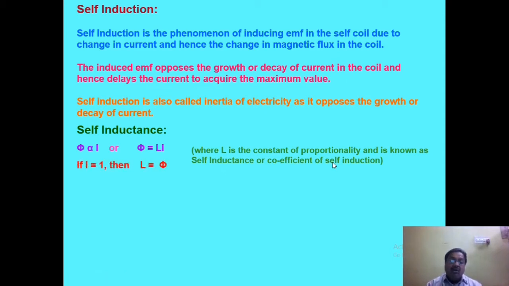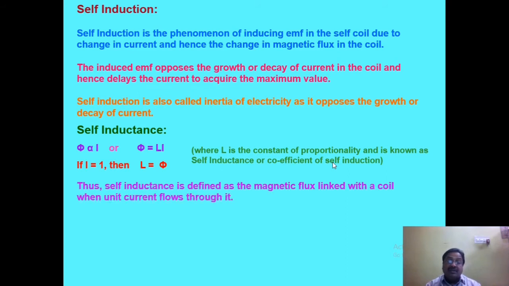Now, if I equals 1 ampere, then L will be equal to phi. So, this provides a definition of self-inductance: it is defined as the magnetic flux linked with a coil due to a unit current flowing through it.